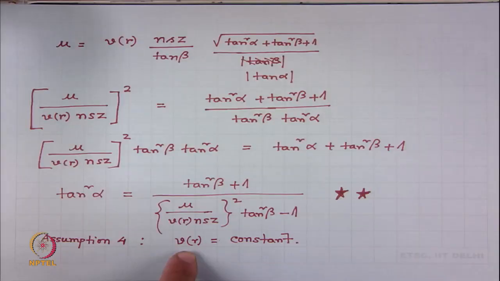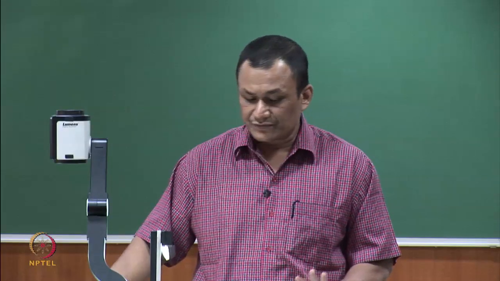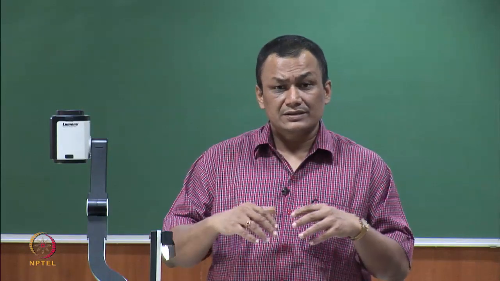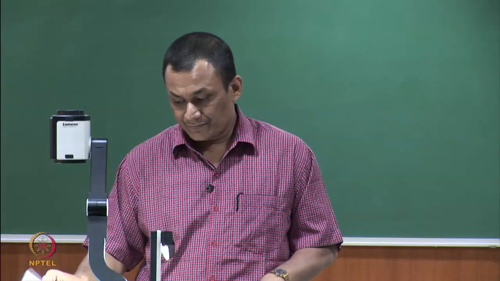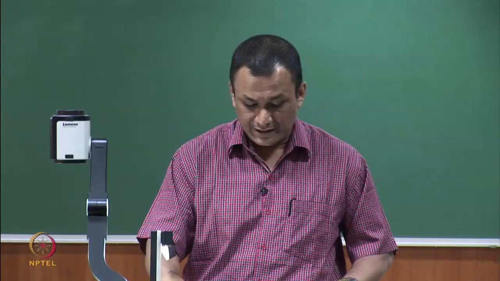Number of fiber elements intersecting a cylinder of radius r per fiber per unit length of yarn is same at all places inside the yarn. This is the simple meaning of this statement. What is the significance of this? This can be understood from this diagram.